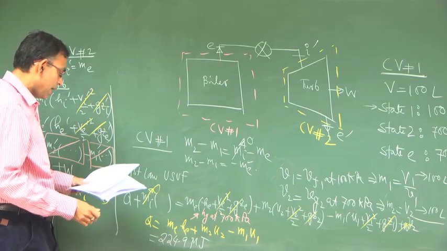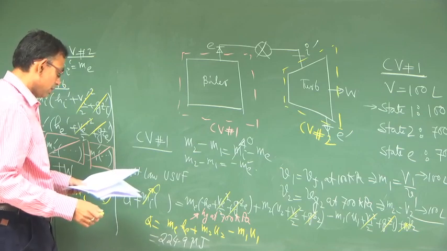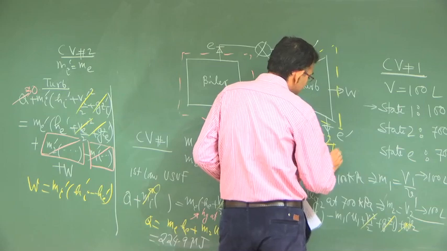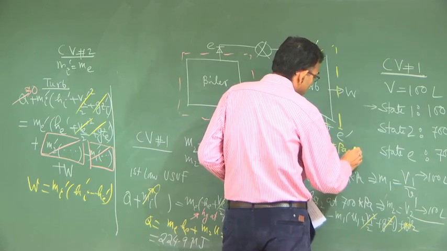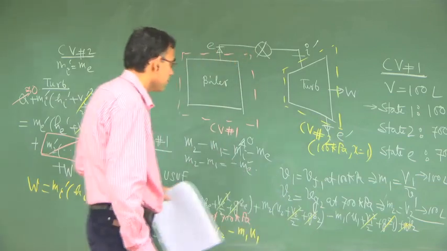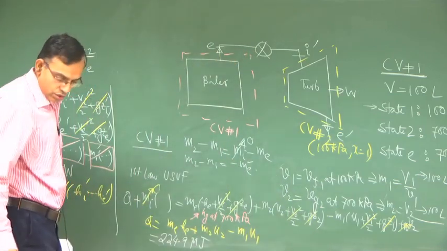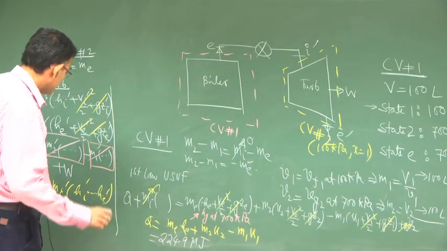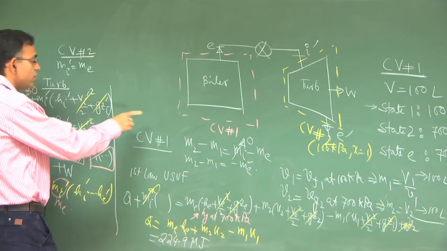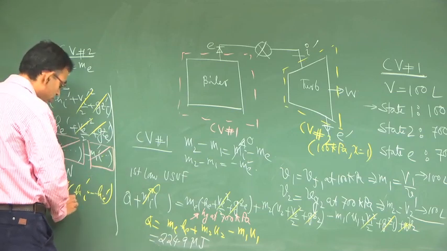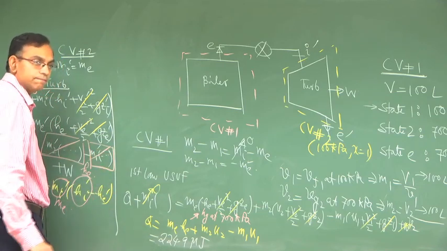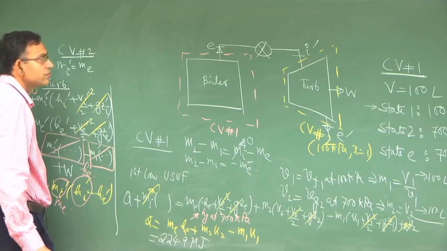So, state E prime is given. E prime is 100 kilopascal and quality equal to 1, saturated vapor. Okay. So, mi prime is me for control volume 1, which you know, and hi prime is he for control volume 1, which you also know.